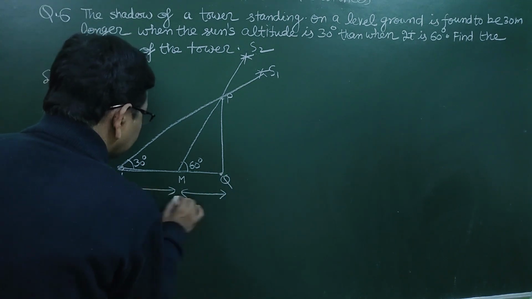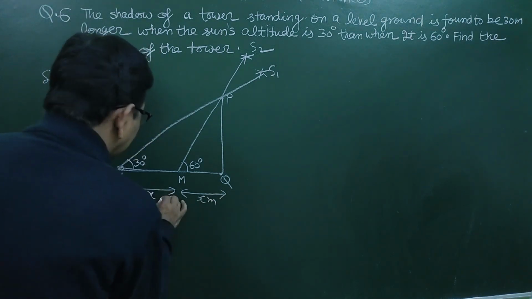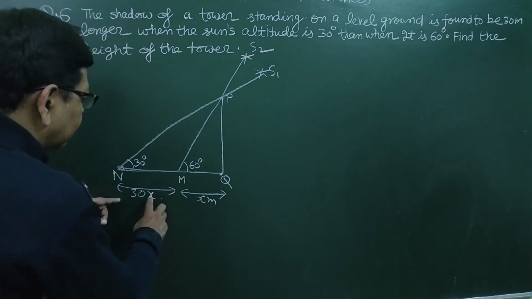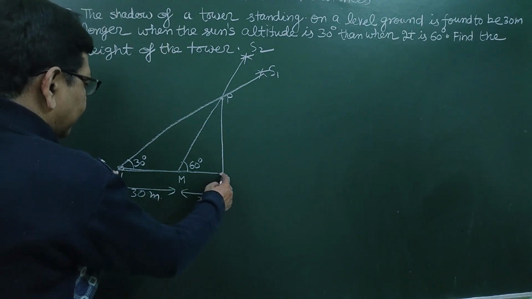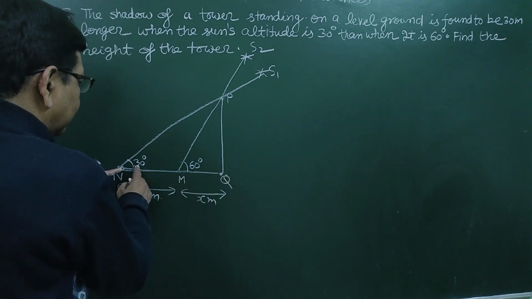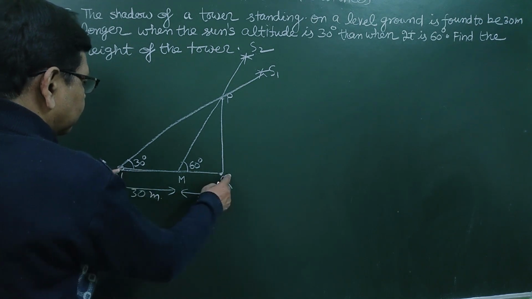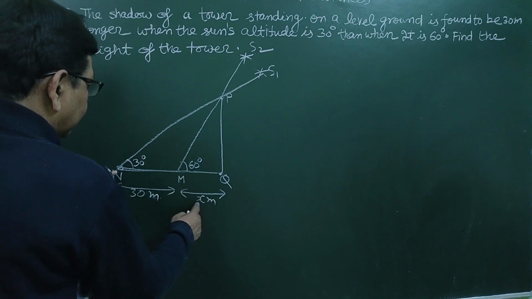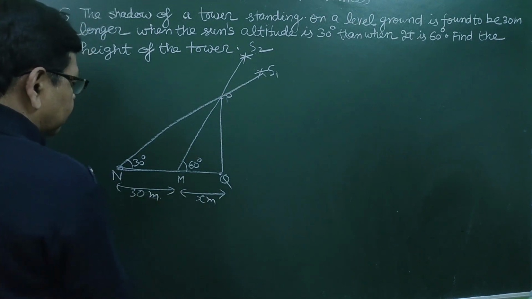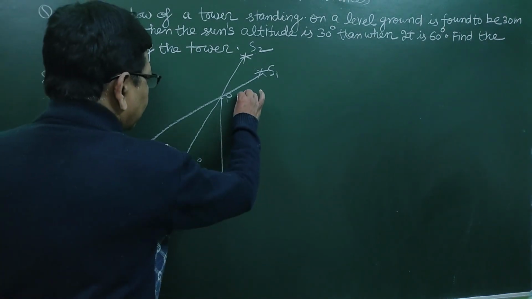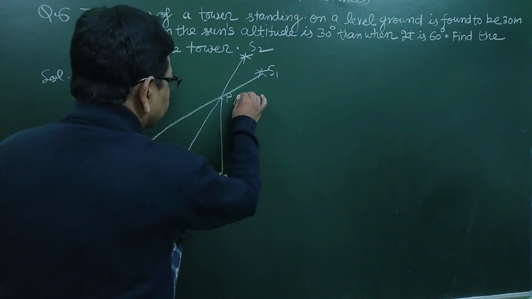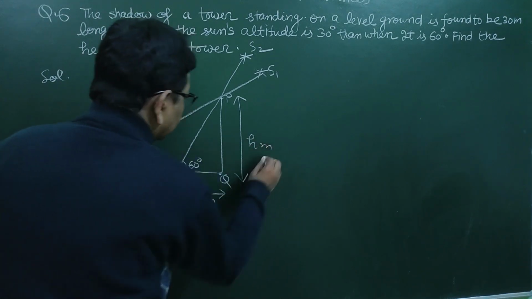Means if in the first case it is x meter, then in the second case length of shadow is 30 plus x meter. We want to find the height of the tower. Let the height of the tower be h meter.